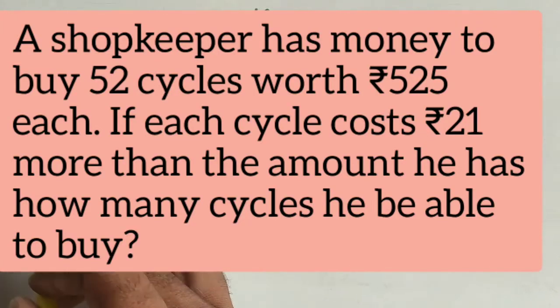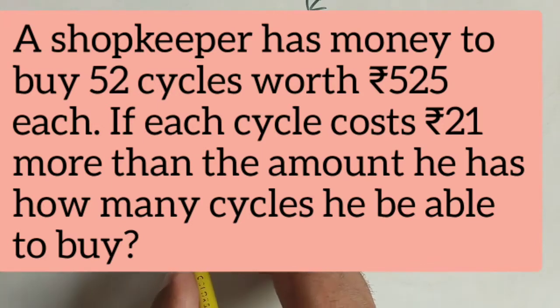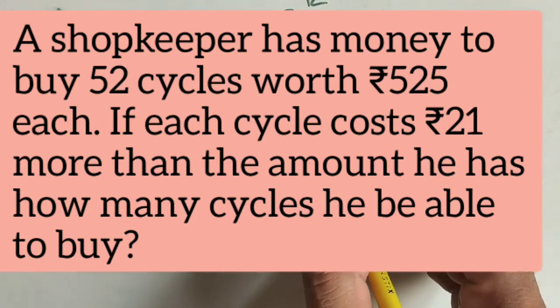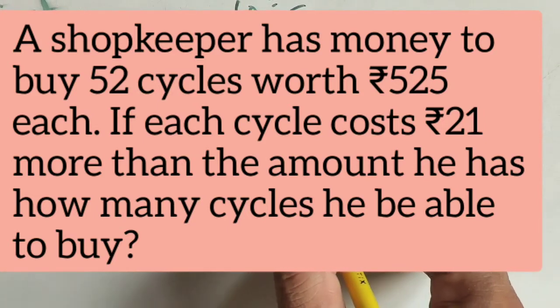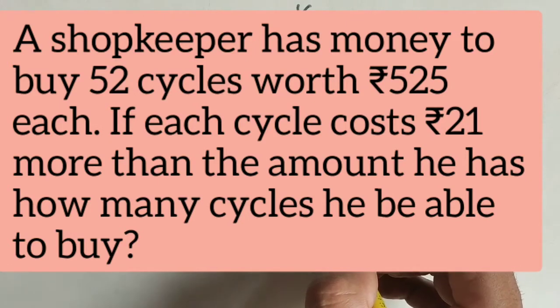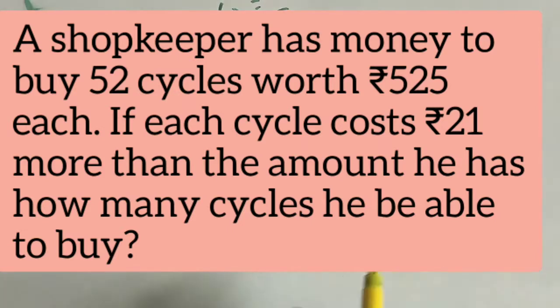Next example. A shopkeeper has just enough money to buy 52 cycles worth rupees 525 each. He wants to buy 52 cycles and each costs rupees 525. If each cycle were to cost rupees 21 more, how many cycles would he be able to buy?